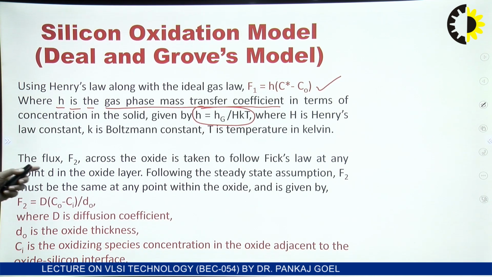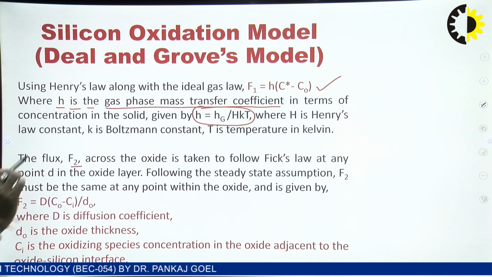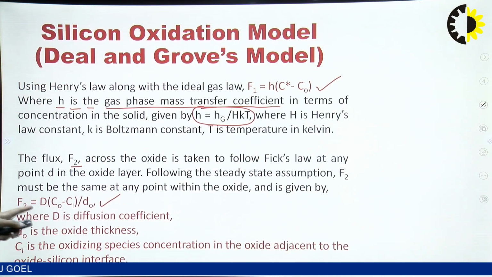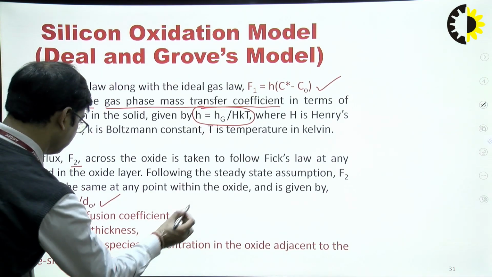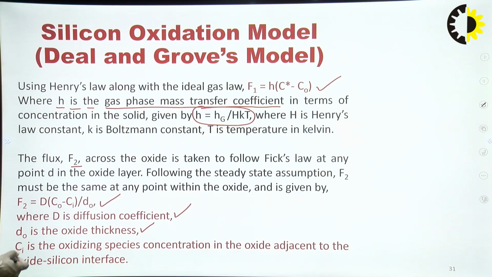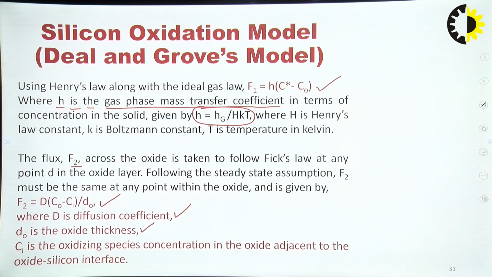Similarly, the flux F2 inside the oxide is given by D into C naught minus Ci upon D naught, where capital D is the diffusion coefficient, D naught is the oxide thickness, and Ci is the oxidizing species concentration in the oxide adjacent to the oxide-silicon interface.